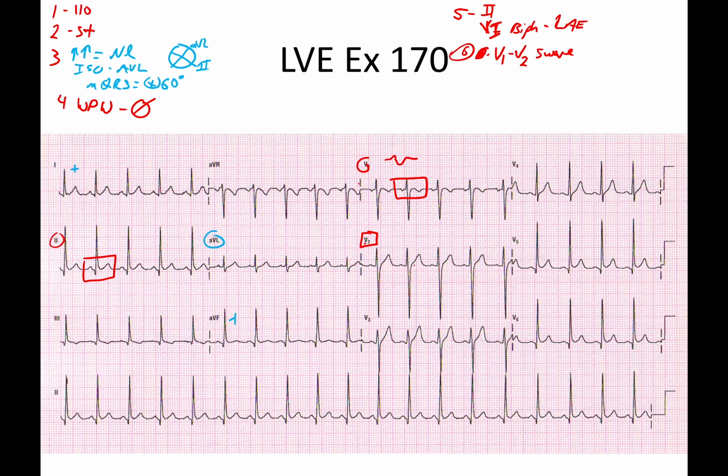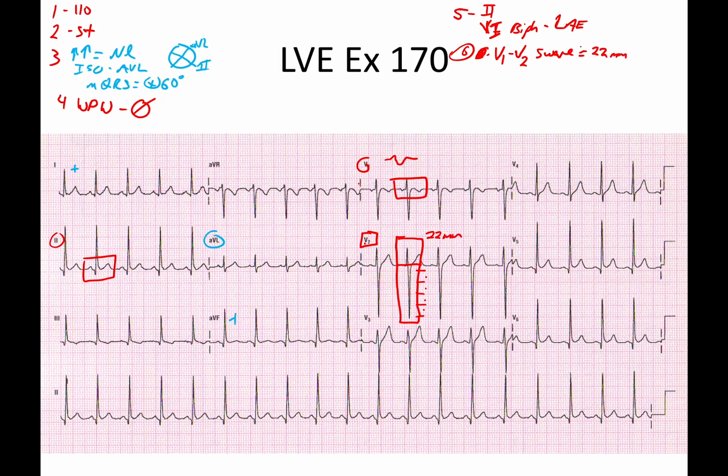So I'm going to take this one right here. Now I'm just going to count the number of big boxes. So 1, 2, 3, 4, 5. So 5, 10, 15, 20, plus about 2 more. So we're going to call that 22 millimeters for the S wave, because we're only measuring from here down.